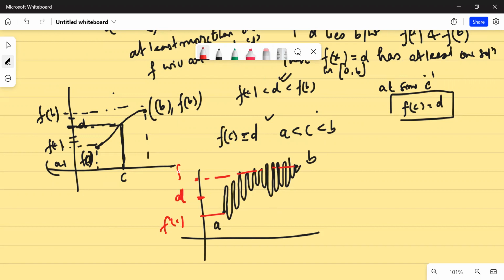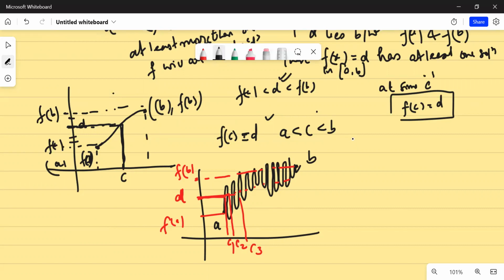Harshit will say yes, it will be equal to D at C1. No, it will be equal to D at C2. He will also say no, it will be equal to D at C3. So it may be equal to D for more than one point also. Is that clear?